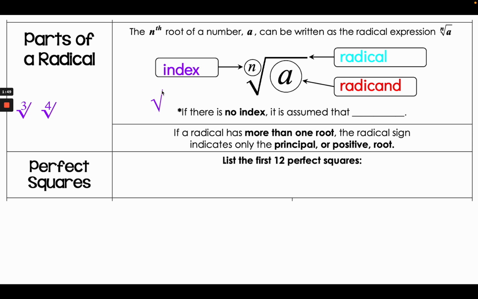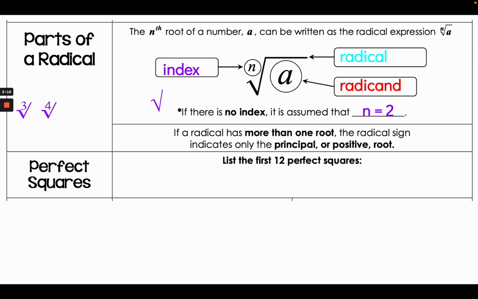It doesn't have the line that goes over that makes the house, but this check mark is in fact a root. When there is no index, we assume that this is a square root, or n is equal to 2. So the index is a 2, which is a square.